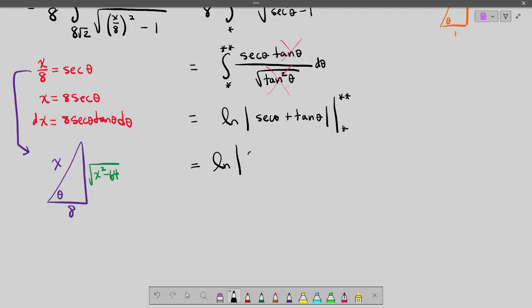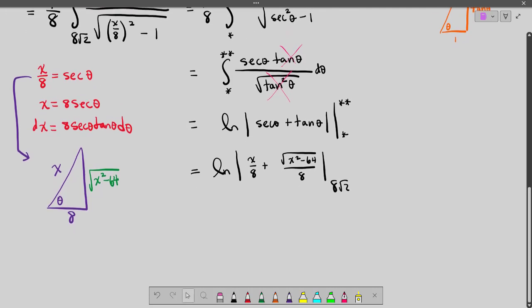Secant of theta is x divided by 8. Tangent of theta is rise over run. We're back to x limits, which are 8 square roots of 2 and 16.